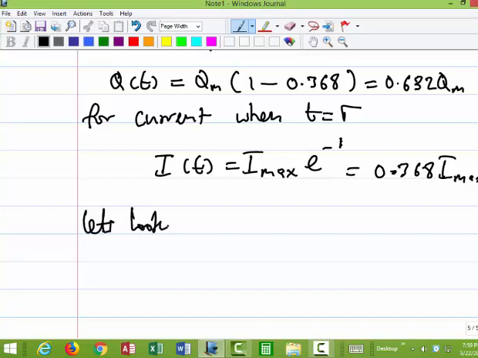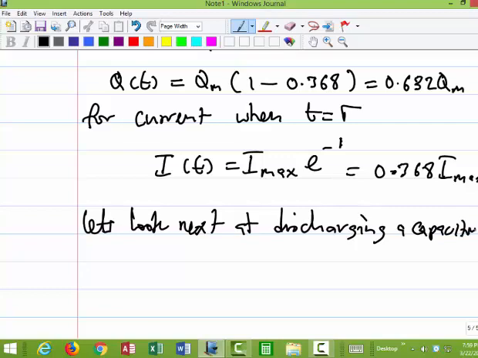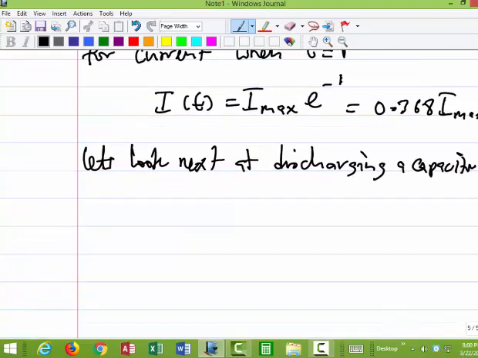So let's look next at discharging a capacitor. The discharge occurs when we put the switch at point B. So this is our switch now.